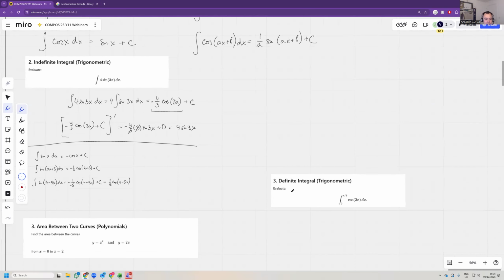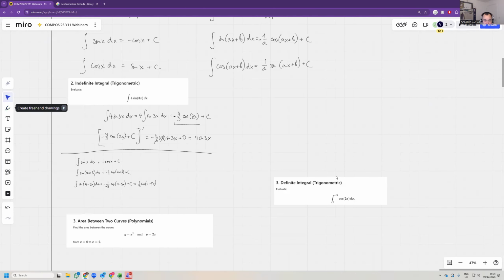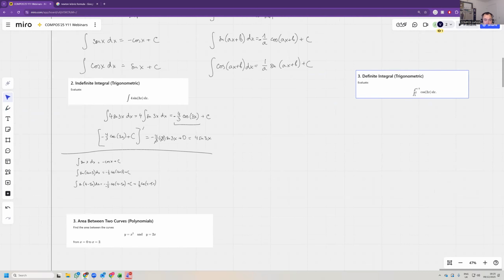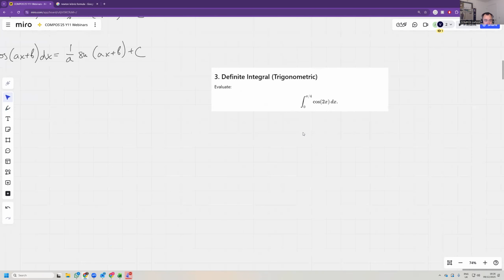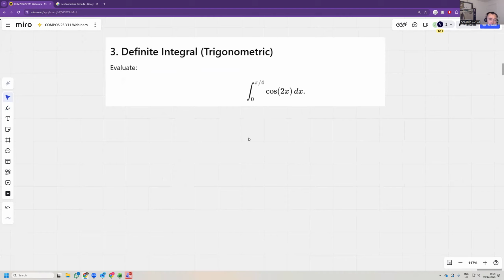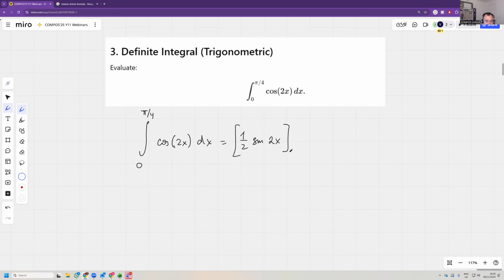Right, now moving on to the definite integral. And we apply the same rules here. First, we find the integral itself. The integral from 0 to pi over 4 of cos 2x dx. So it's 1/2, because there's a 2, and sine 2x between limits 0 and pi over 4.